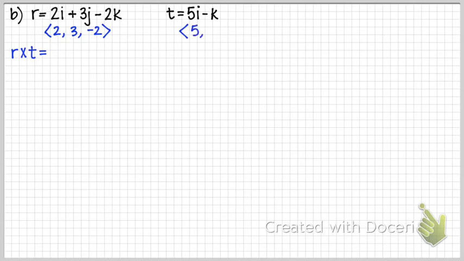We don't have a j term, so that means we have a 0 in the middle. And then we have minus k, so that's a -1 for my last term. Okay, so we got i, j, k. I decided that I wanted R to go first, so that's 2, 3, -2, and then 5, 0, -1.